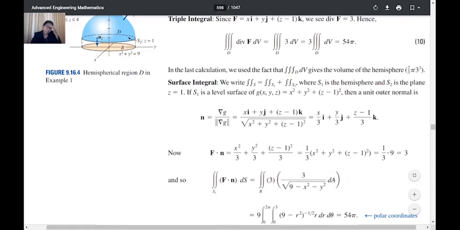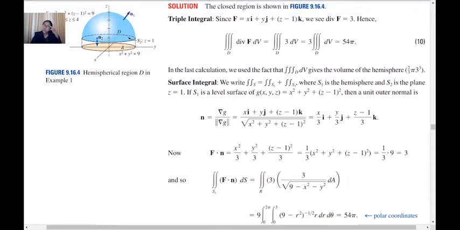So F dot n is again 3. And what will be dS? By the formula, dS will be 3 divided by the root of 9 minus x² minus y² into dA. So the double integral over S1 of F dot n dS is the double integral over R of 3 into 3 divided by the root of 9 minus x² minus y² dA.